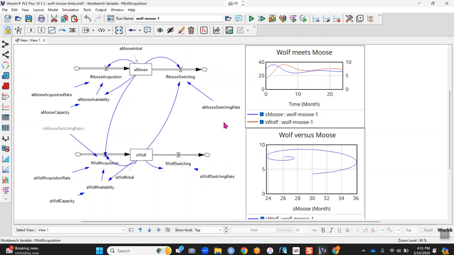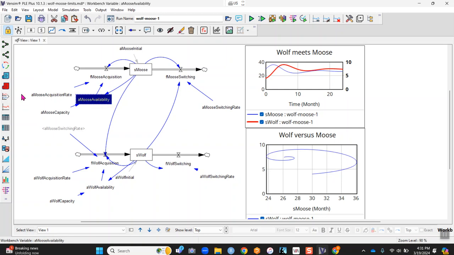Things changed a lot. As we kind of predicted, well, the wolf still lags and the moose customers still lead. But notice it's dampened tremendously because of the interaction here. This discounting has changed, and this number will change.